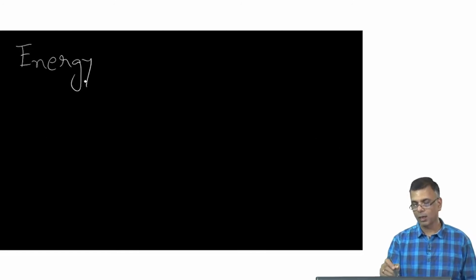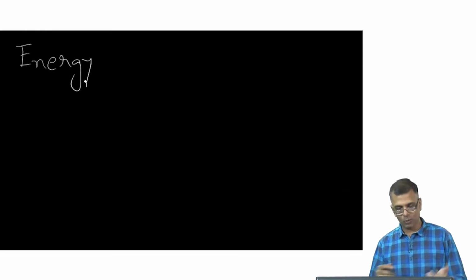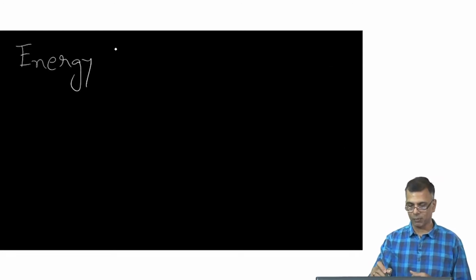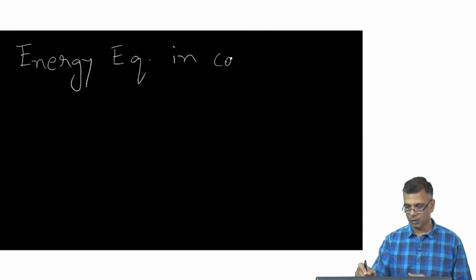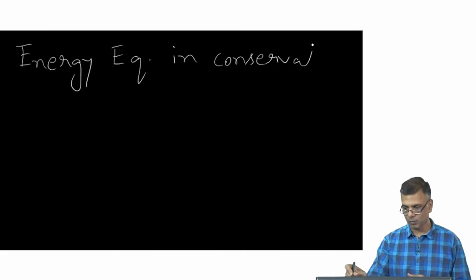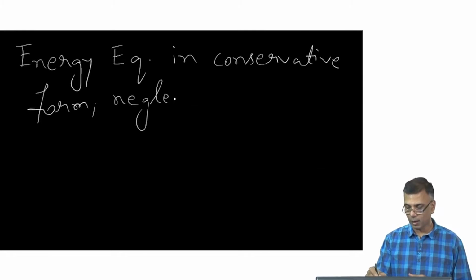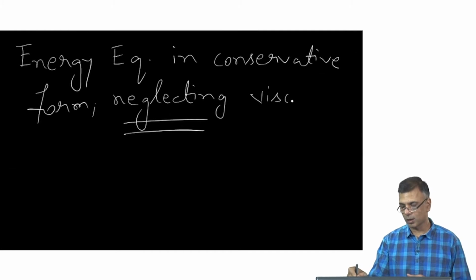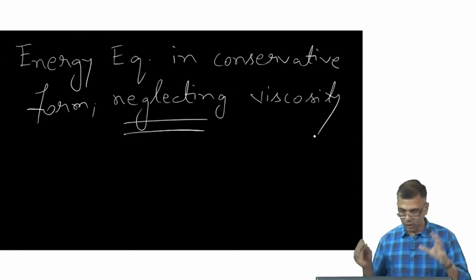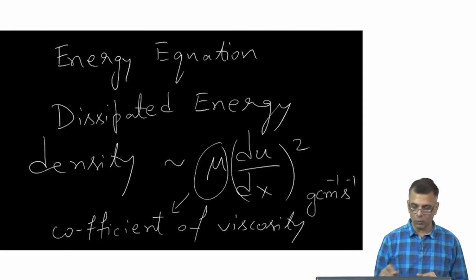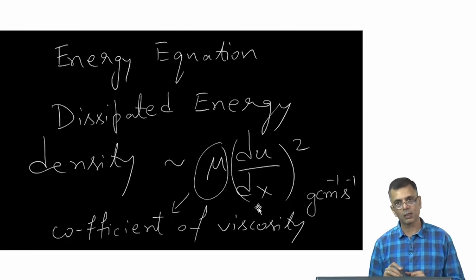Now, in a very similar fashion, let's try to write down the energy equation in conservative form, simply by analogy with these other equations. It's useful in conservative form. But neglecting viscosity for the time being, at least for writing it down like this, I don't want to be bothered about viscosity, about viscous dissipation.